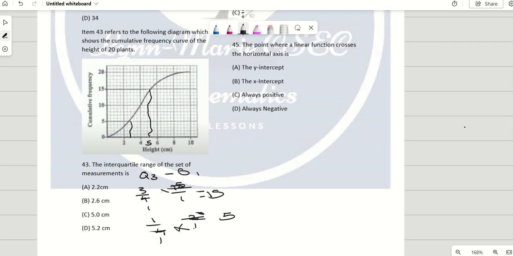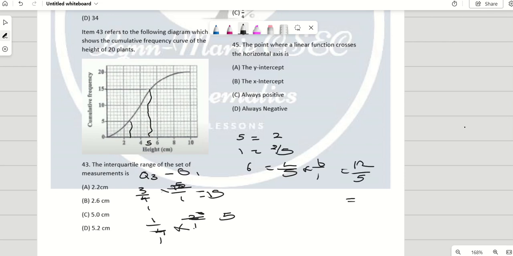So we have, let's see, 5 spaces is equal to 2. So one space would be 2 over 5. And if we want 6, that is 2 over 5 multiplied by 6 over 1. That is 12 divided by 5.